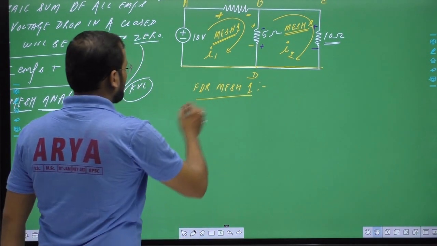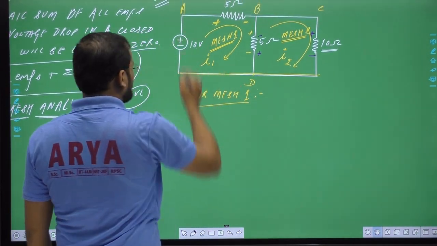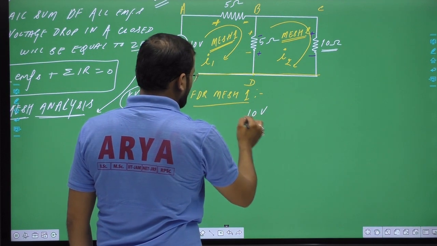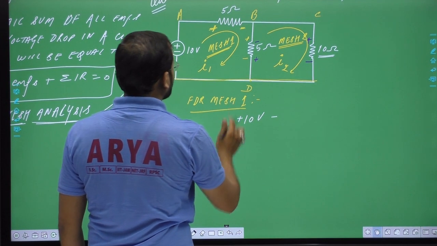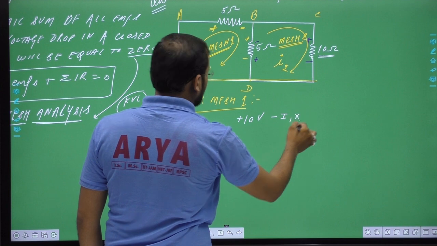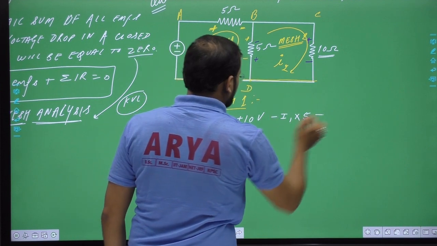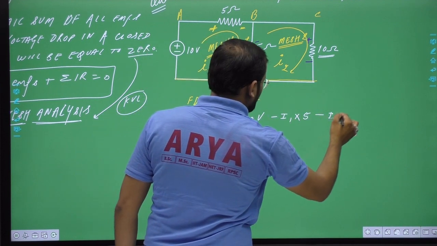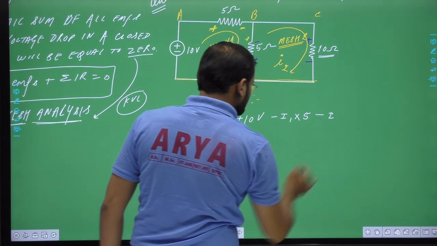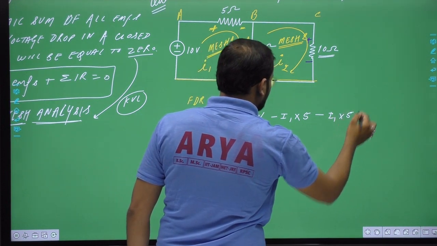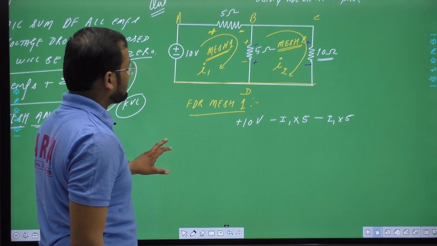For mesh 1, if I am leaving with the positive sign, then I will take plus 10 volt minus I1 multiplied by 5, minus I1 multiplied by 5.